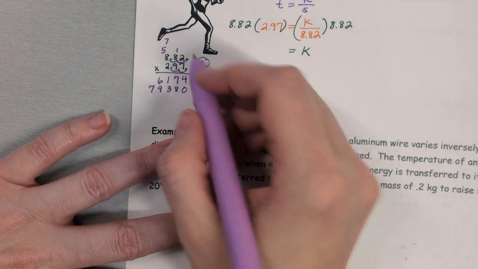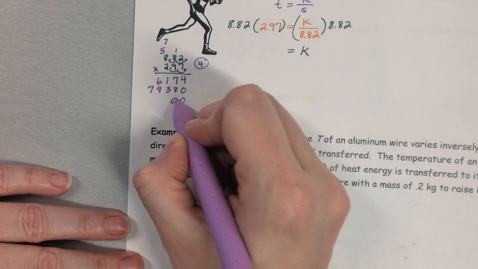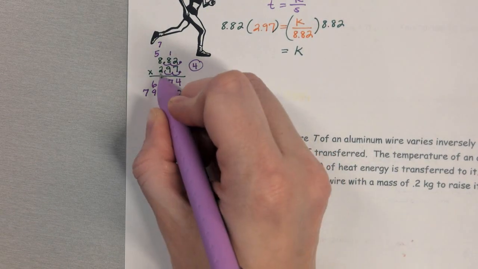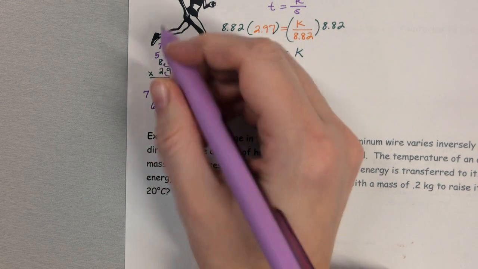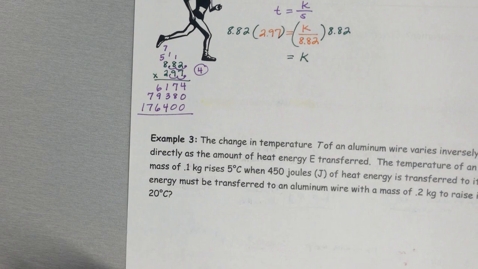And then the last row, what do you have to do? Yeah. So 2 times 2 is 4, 2 times 8 is 16, carry the 1, 17, then we just add straight down.